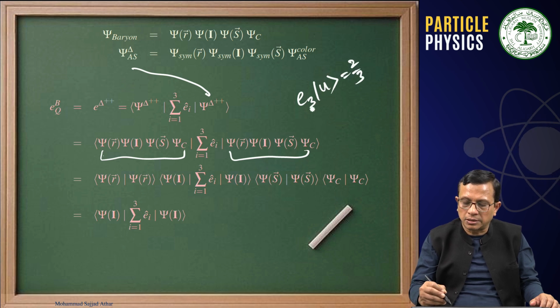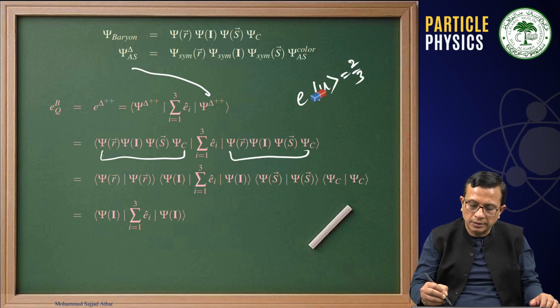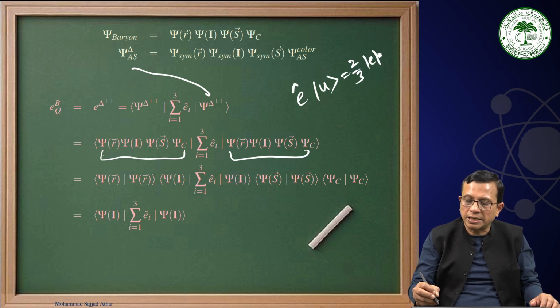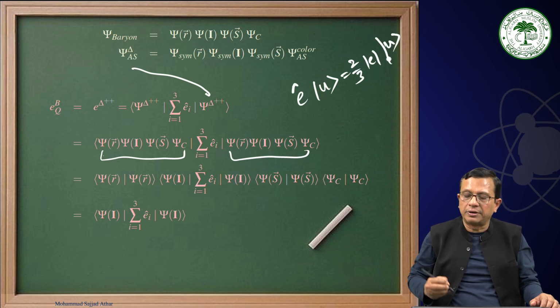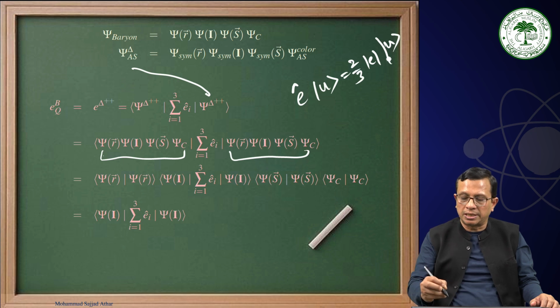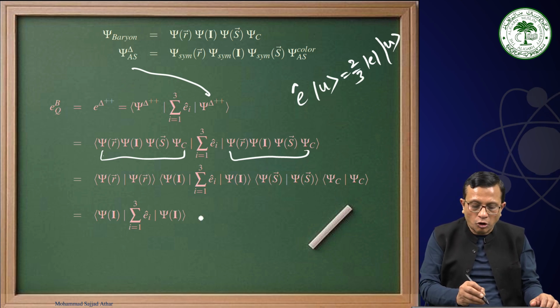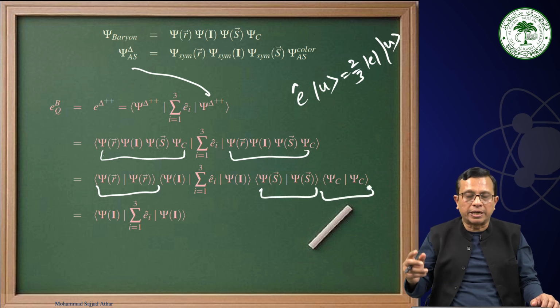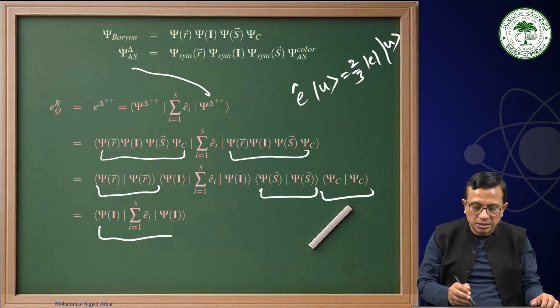This will give me 2 by 3 the electronic charge, and it will return back the u state. D will give me minus 1 by 3 electronic charge. Therefore, all these are properly normalized wave functions, which will simply give us 1. Only we have this term.